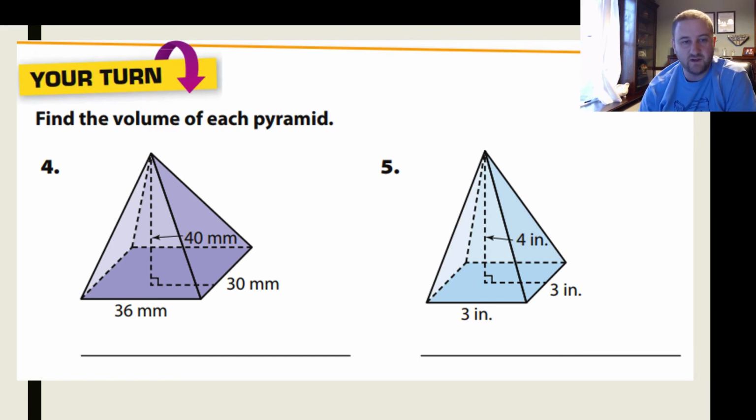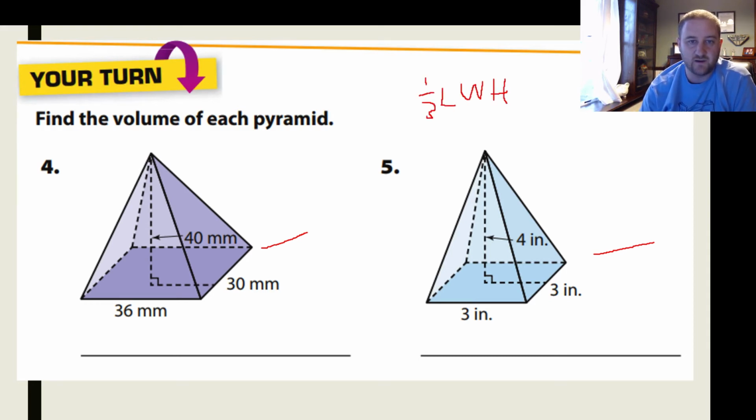Again, this one's a rectangle, this one's a square, so we're going to use 1/3 length times width times height. Okay, so 1/3 times the length here is 36 times the width is 30 times the height is 40.